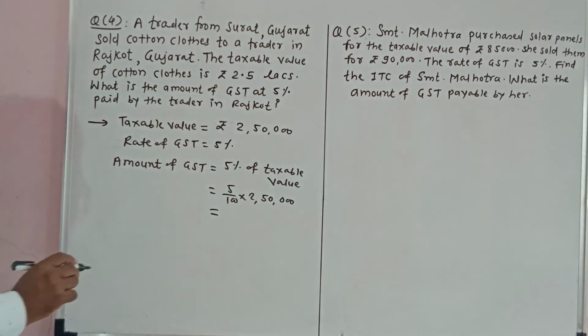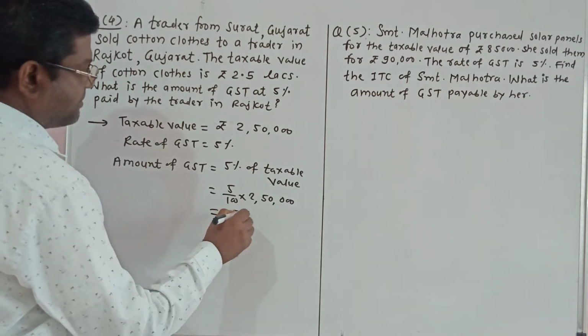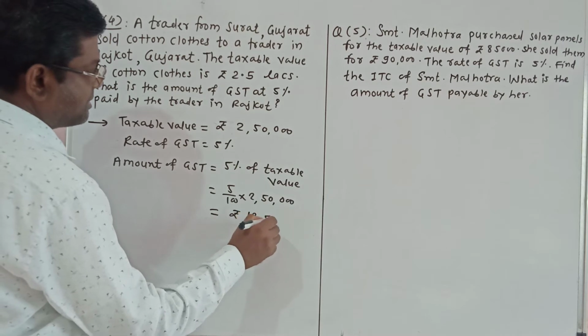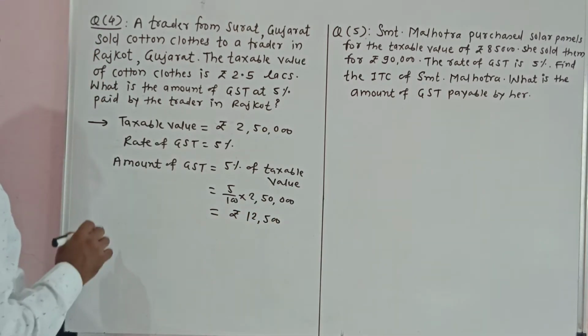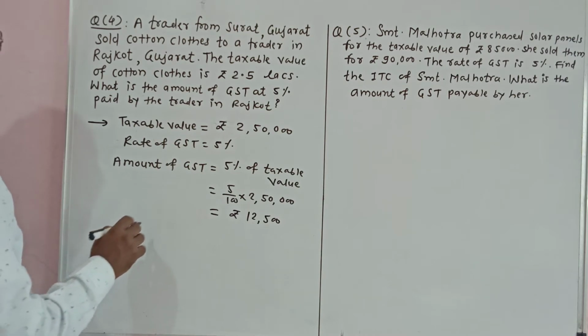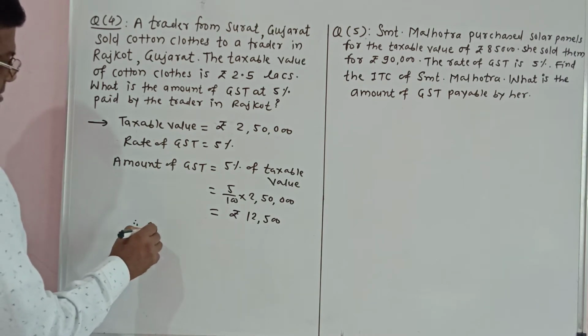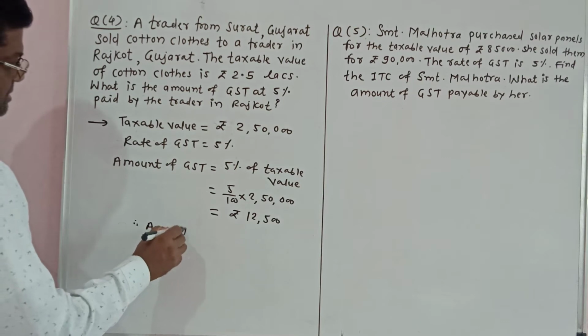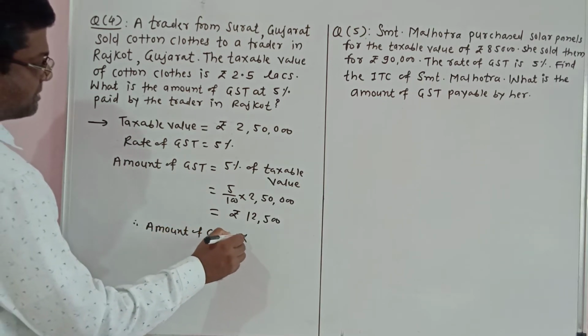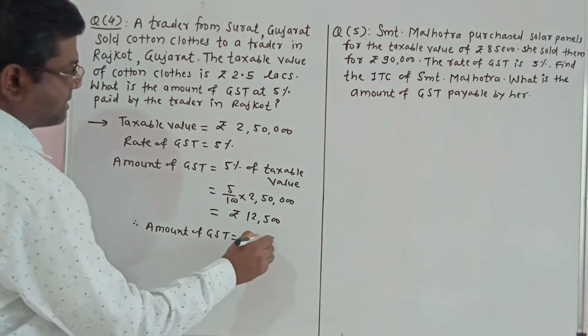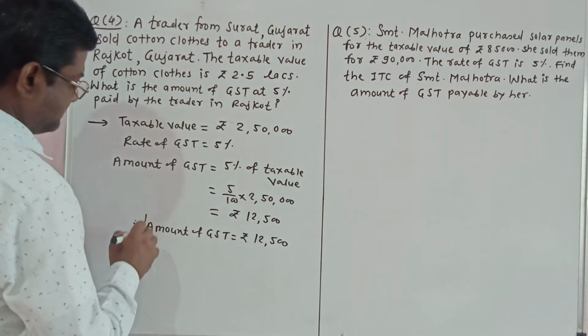Its value will be rupees 12,500. Therefore, amount of GST is equal to rupees 12,500.